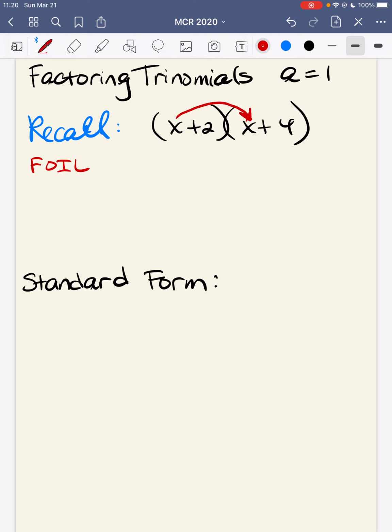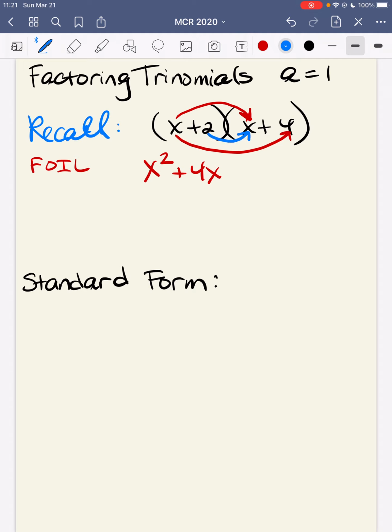That constitutes my first, so I have x times x, which is x squared. And I take that first term, also multiply it by the last term in the second binomial, which is x times 4, which is plus 4x.